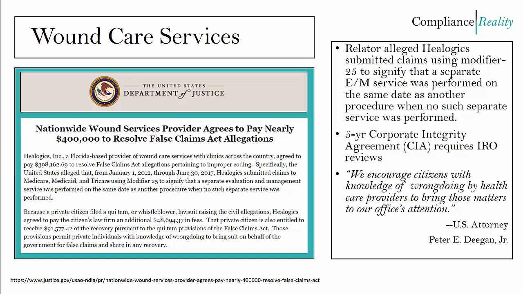Now, this led to a $400,000 settlement that you can see there in the title. This entity ended up entering into a 5-year corporate integrity agreement. And again, that CIA requires independent review organization reviews. The U.S. attorney involved in this case said, "We encourage citizens with knowledge of wrongdoing by healthcare providers to bring those matters to our office's attention."